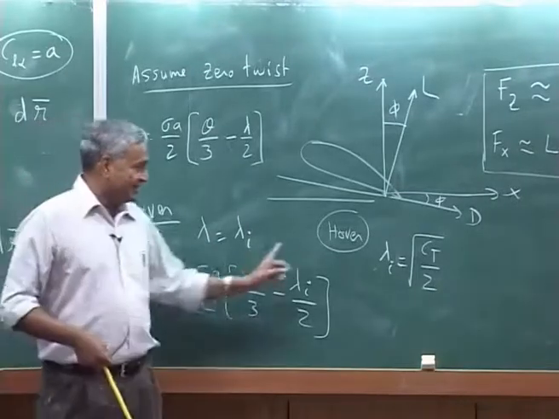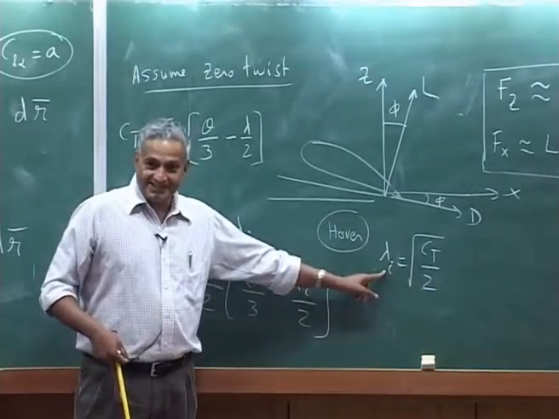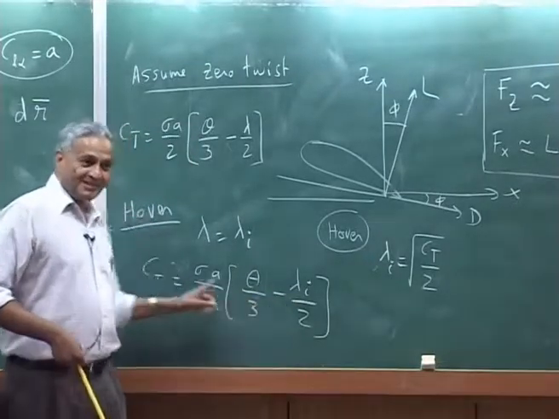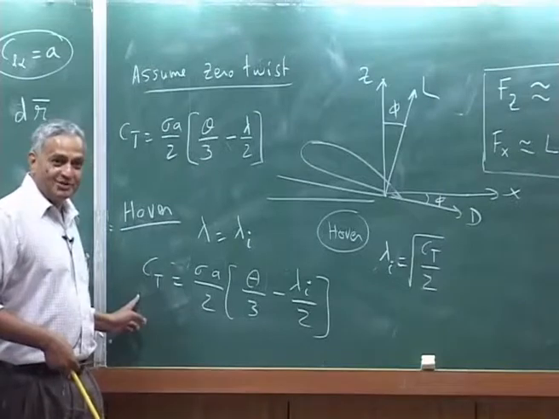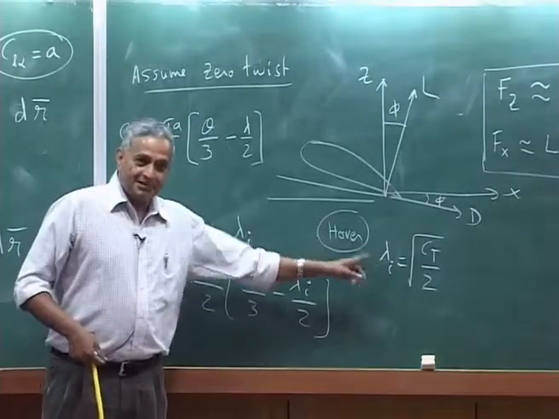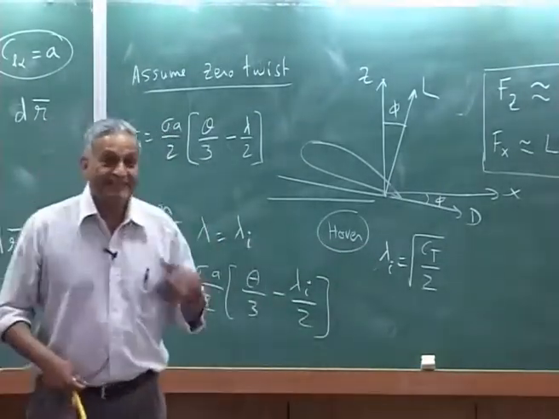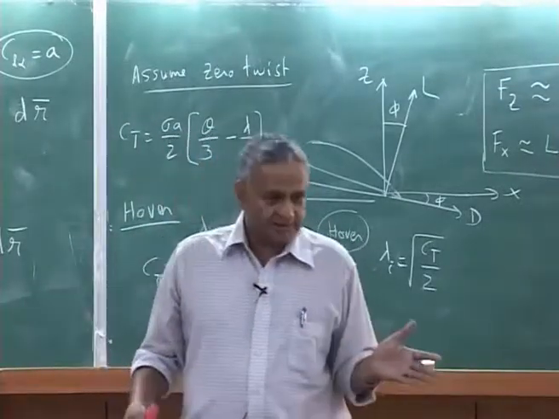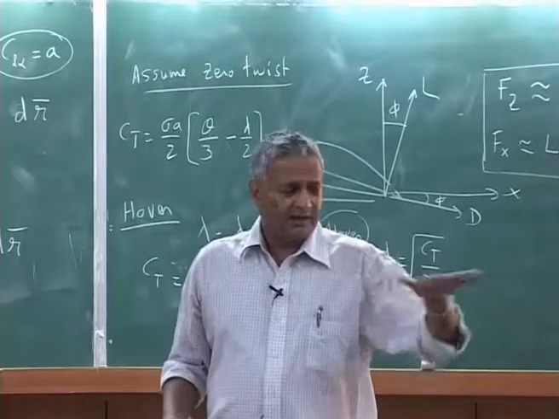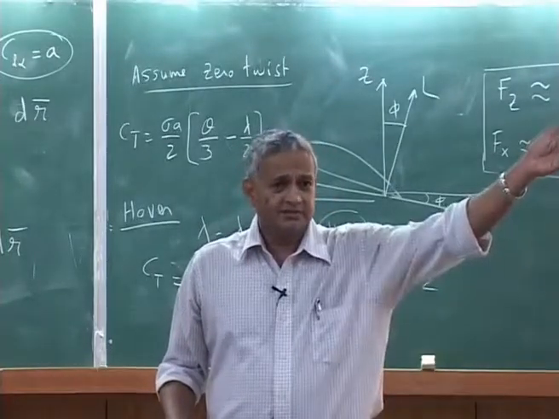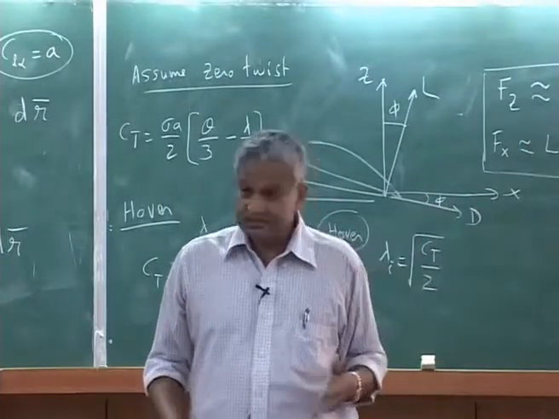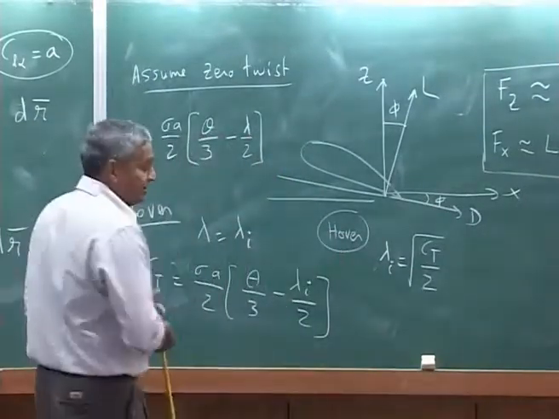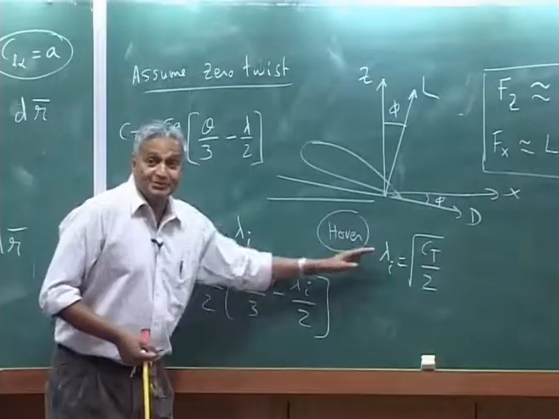When I get the CT, I go back and substitute here. Then I get the lambda I, put it back here. Then I get the new value of CT, go back, do the iteration. That is in a wind tunnel test. If you want to correlate, I have given this much pitch angle, what is my thrust? Because these tests are done, a lot. So you see only these two equations, you are using only these two.